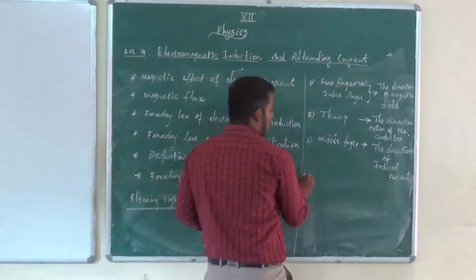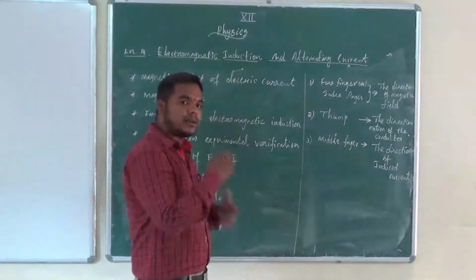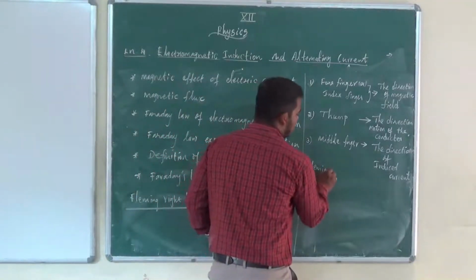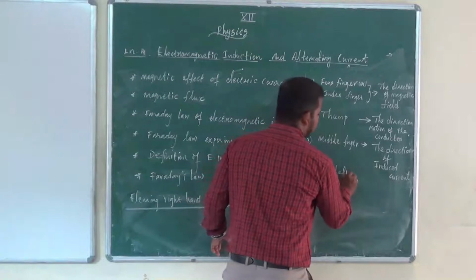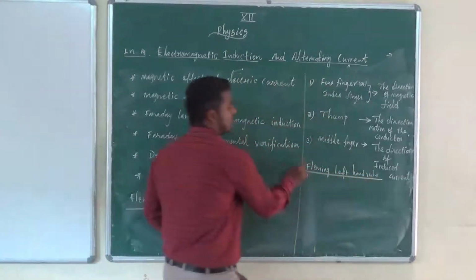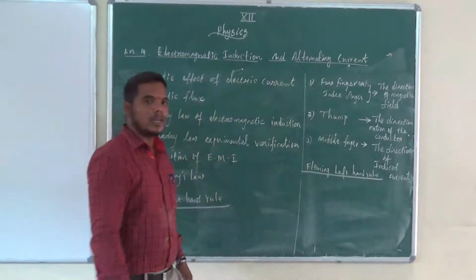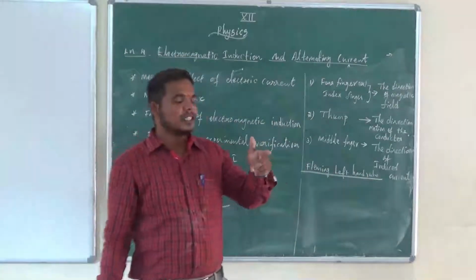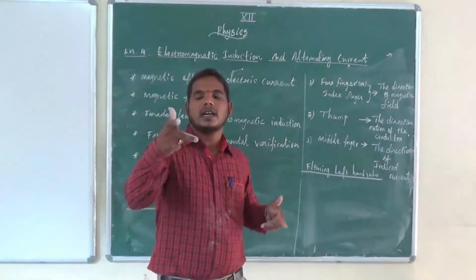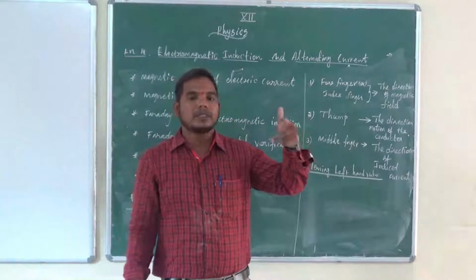Next, already we have discussed the Fleming left hand rule. Just I recall it. Take our left hand, stretch the three fingers mutually perpendicular to each other. Right hand means right hand, left hand means left hand.